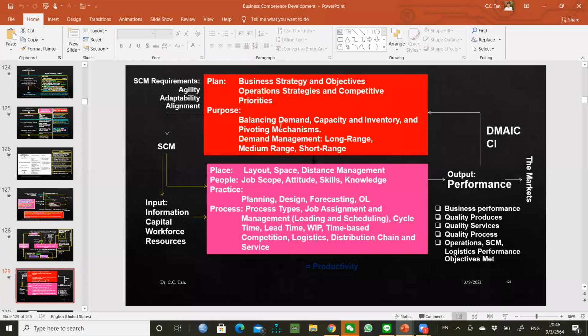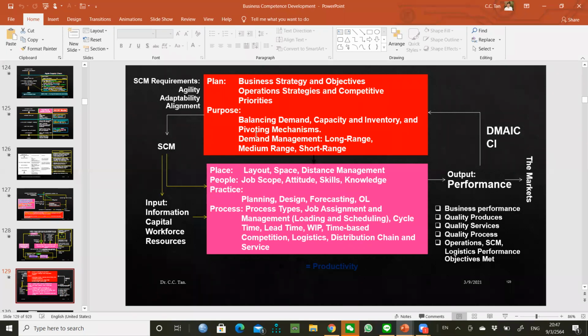Planning in the sense of your business strategy, your business plan, and your objective, your operation strategy, competitive priority, whether you want to prioritize quality, or you prioritize simultaneously quantity and speed, or flexibility, or whatever. And the purpose involves a long range objective, or medium range, or short range, or maybe you need to pivot on certain operational objectives, or whatever.